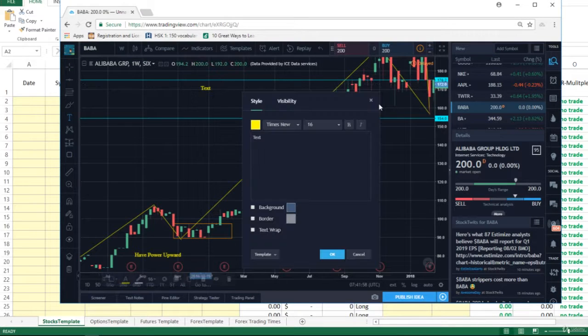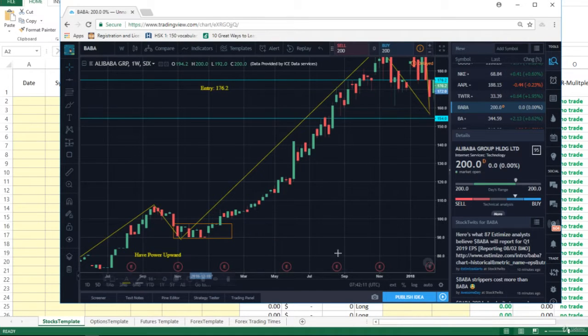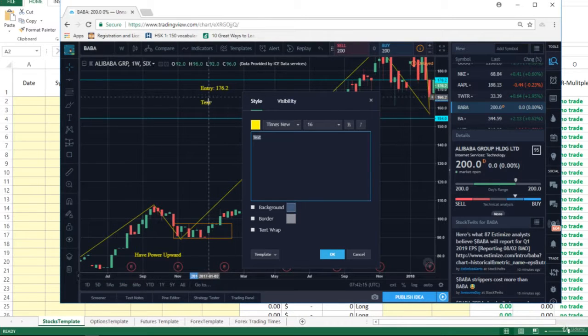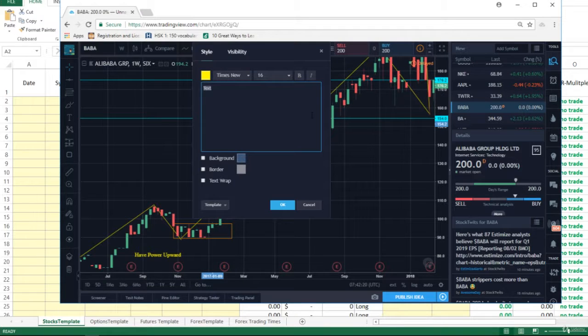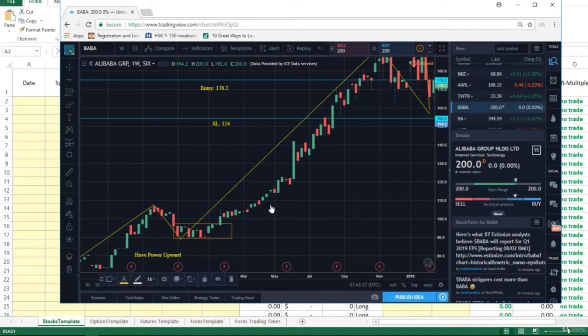Our entry would be 176.2, and our stop loss would be down here. Our stop loss would be 154.